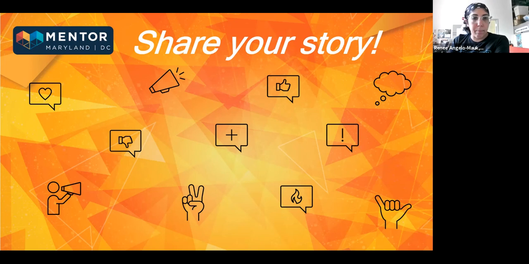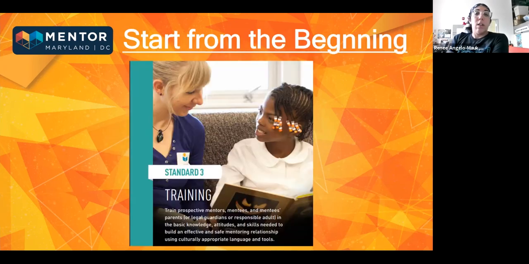Cool. So for us, we're starting from the foundation of why mentoring programs, anybody working with youth, should have training for their volunteers. This goes back to the Elements of Effective Practice that Dakota referred to earlier. There are 6 standards in the EEP, and training falls under standard 3.